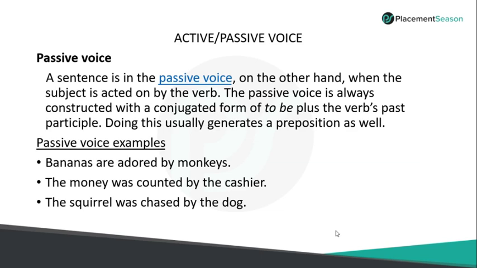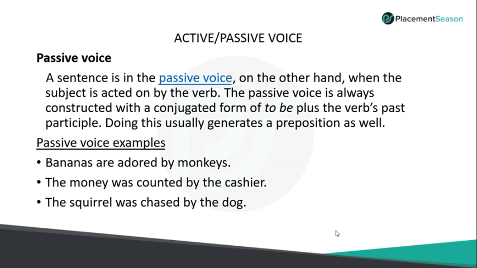So now coming to the passive voice. A sentence is in passive voice, on the other hand, when the subject is acted on by the verb. Like I told you, the subject is acted on by the verb. The passive voice is always constructed with a conjugated form of to be.